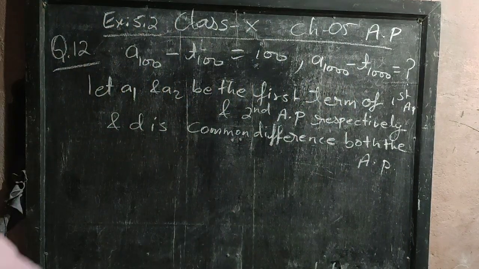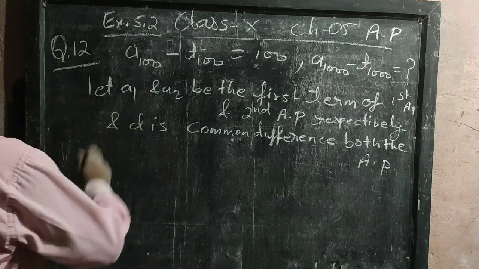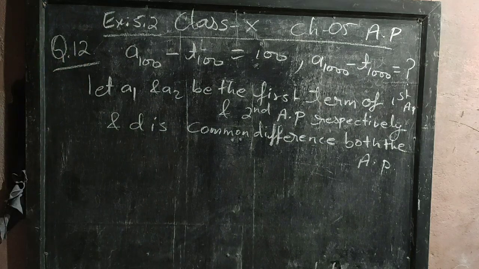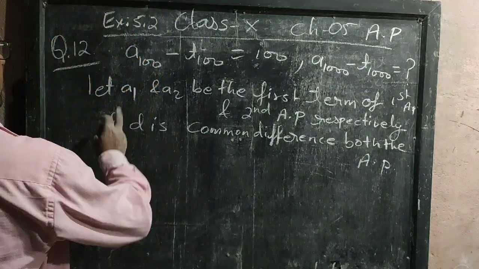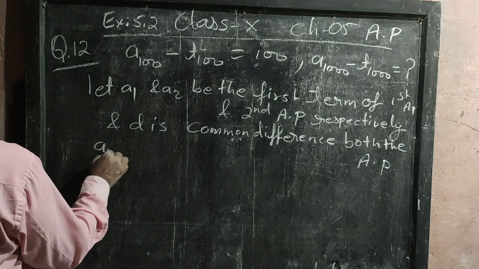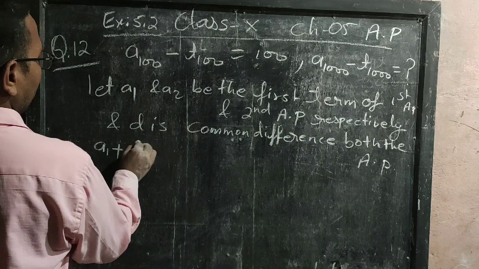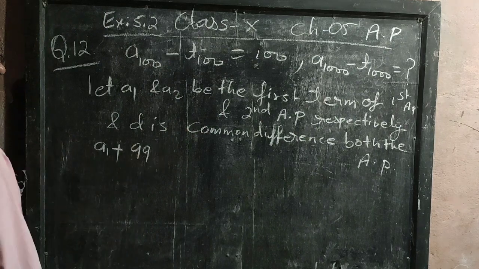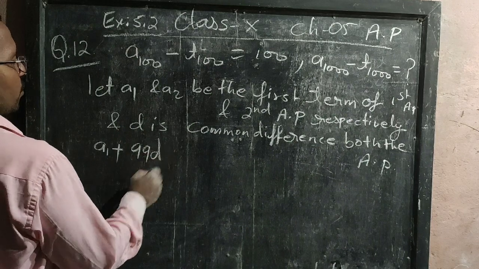So students, for A100, A1 is the first term. The formula is A plus n minus 1 into D. So in place of A, we write A1 plus n minus 1, that means 100 minus 1, how much do you get? 99 into D, and D is the same for both.